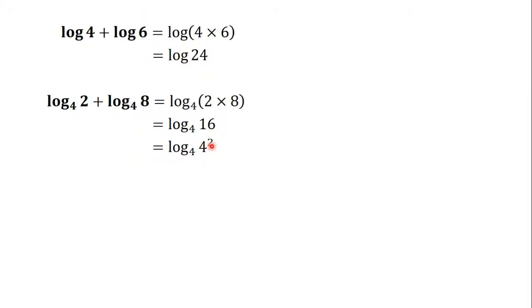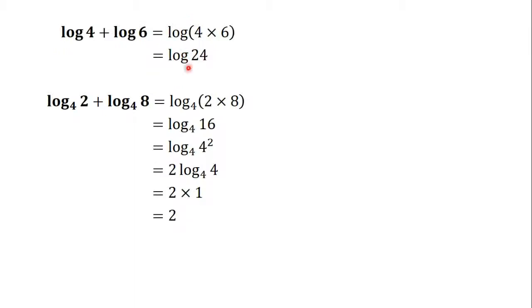So log 4 squared to the base 4. From the first law that we considered, log 4 squared base 4 can be written as 2 log 4 base 4. We know from the properties of logarithm that log 4 base 4 is 1. So this is going to give us 2 times 1, which is 2.